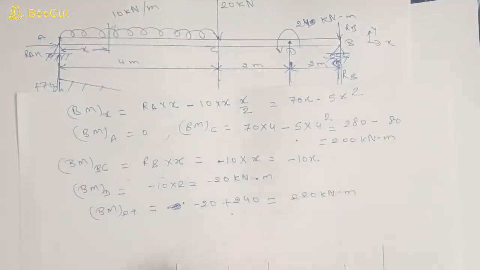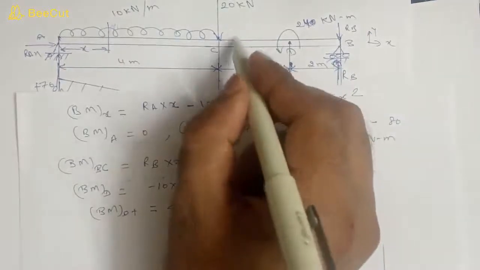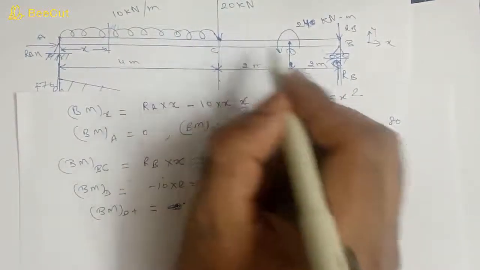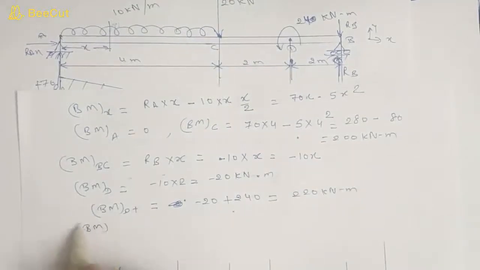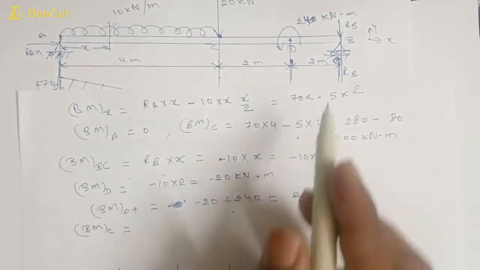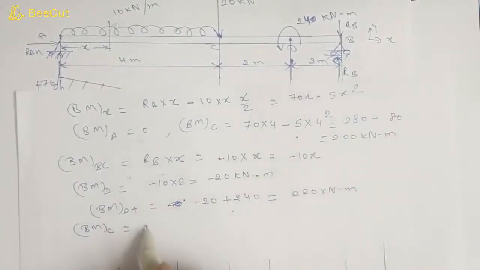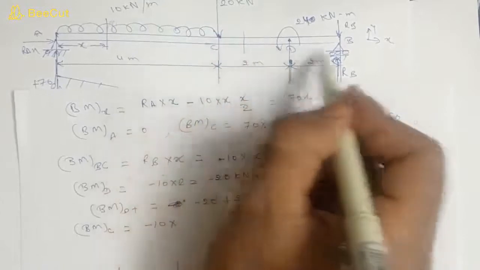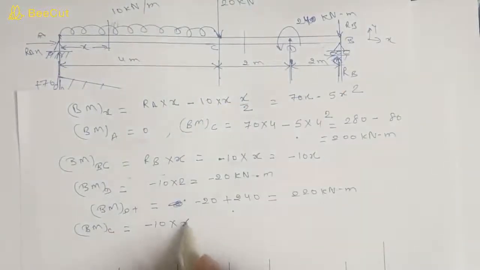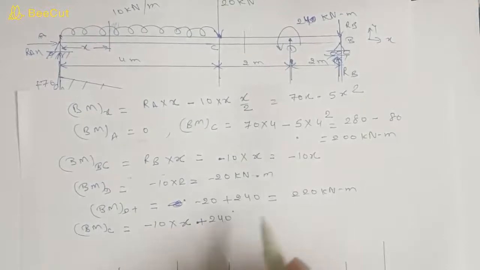Now bending moment at this section, at point C from right hand side, will be RB, so minus 10 into x plus 240, where x is the distance from here.